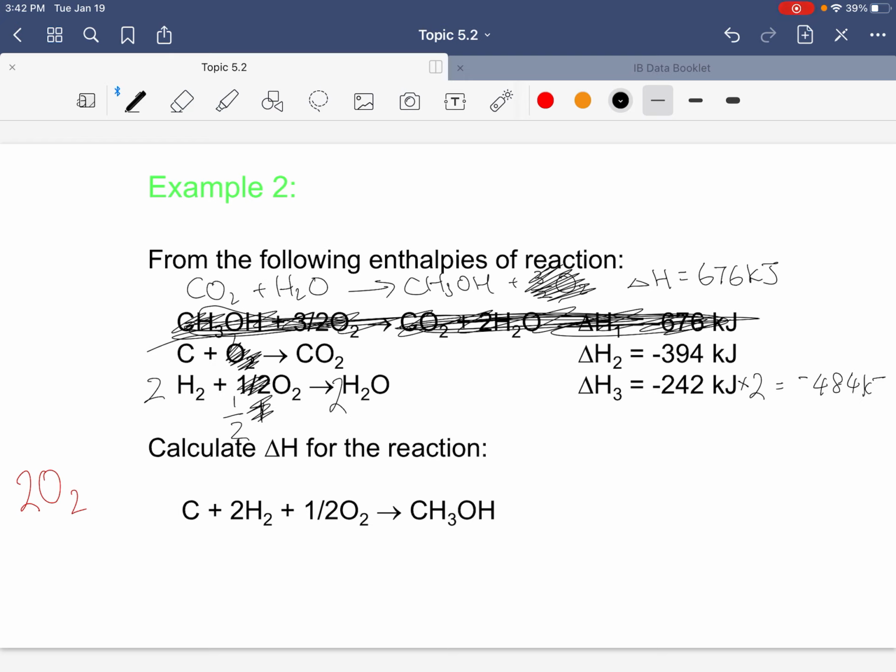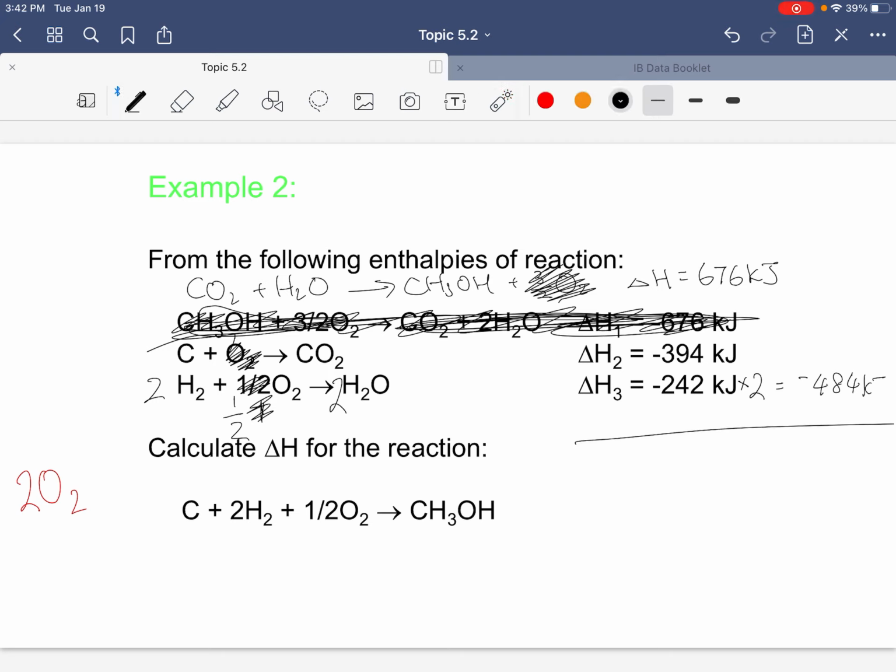Okay? Same thing as what we did before. It's just that not all the O2 will go because there's 1.5 here and there's 2 here collectively. 2 minus 1.5 is 0.5.